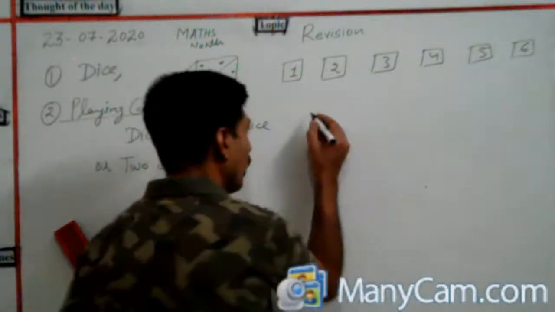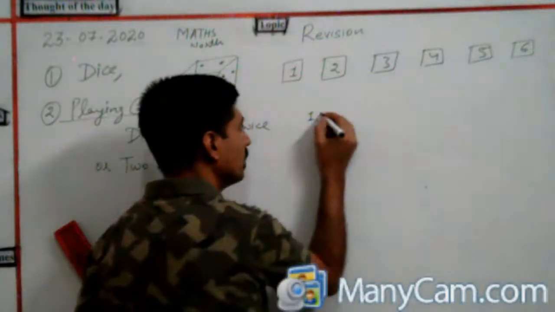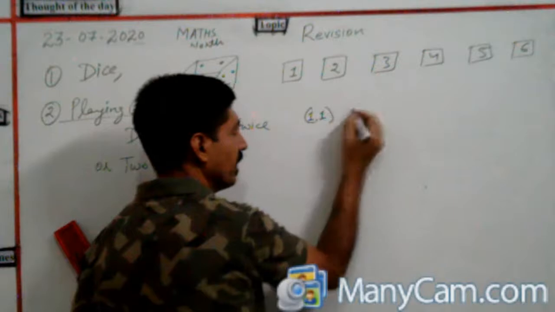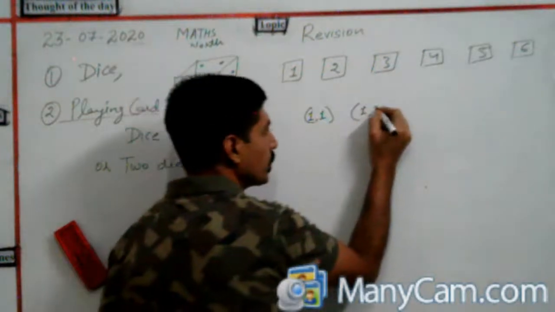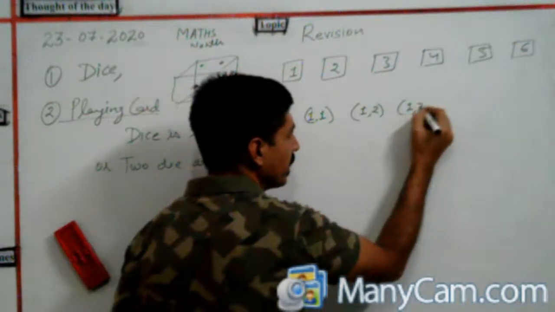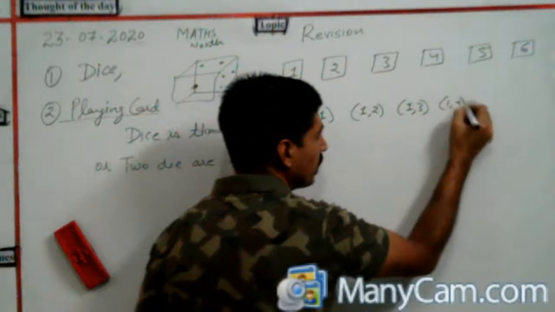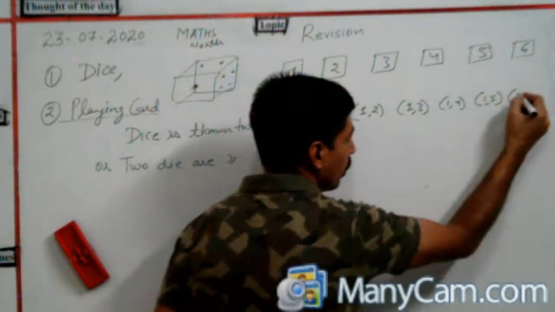We will get 1-1, 1-2, 1-3, 1-4, 1-5, 1-6.